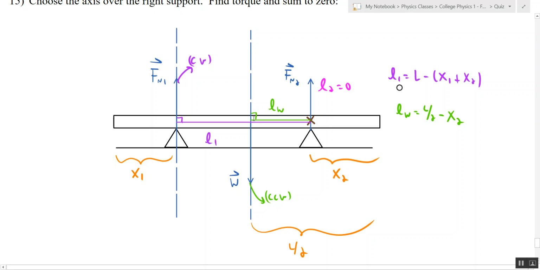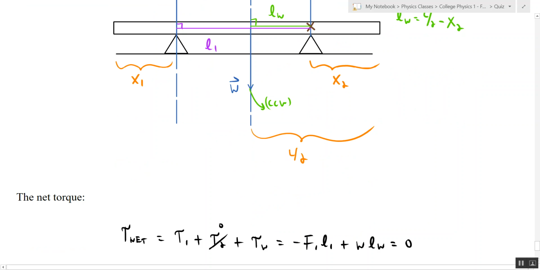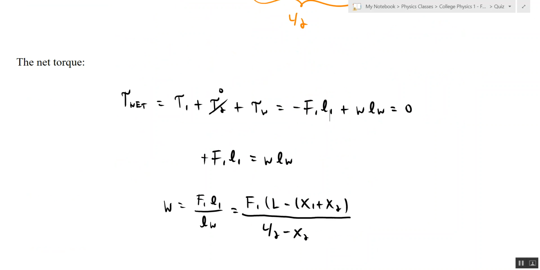It gives you the remaining distance, which is LW. And this weight makes it rotate counterclockwise about this axis, so it's going to be a positive torque. So it's positive W times LW minus Fn1 times L1 is equal to 0, which is what I wrote here, well, in a different order, but you get the idea.